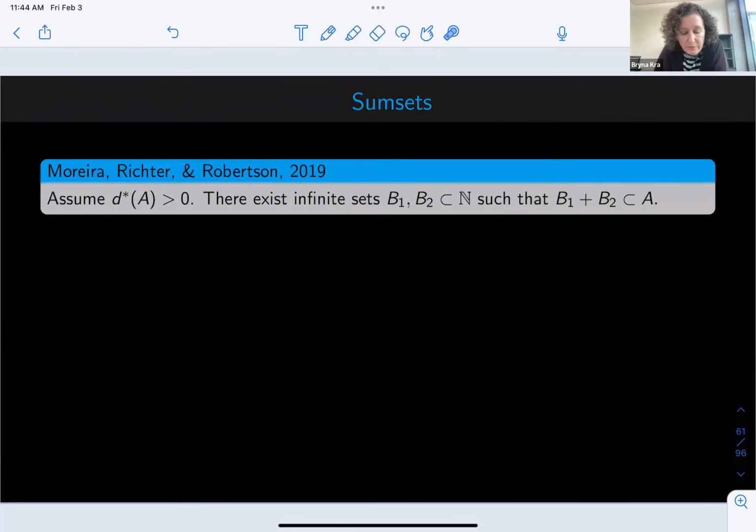But this problem was solved by Joël Moreira, Florian Richter, and Donald Robertson in a paper that was really a big breakthrough paper, in which they showed that if you take a set with positive density, there exist infinite sets, B1 and B2, such that when you sum any b1 from B1 and b2 from B2, and that's what this notation means, you're taking an element from the first one summed with an element of the second one, that you get back into the set.